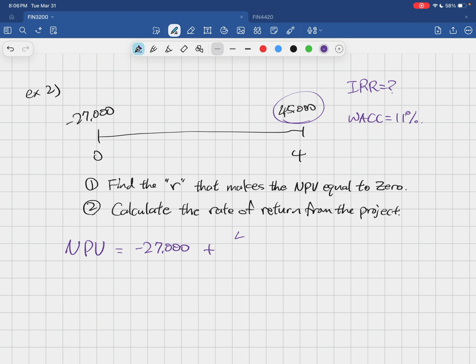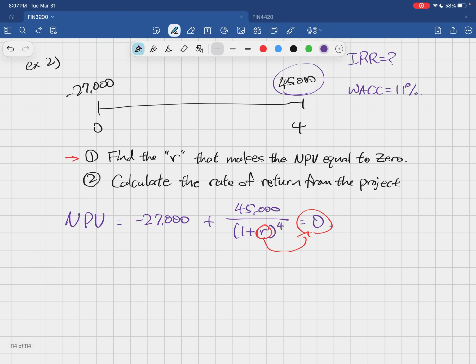So we'll take the $45,000 and discount it using R, raised to the 4th power, and we're gonna set this equal to 0. Okay? So using the first definition, we're looking for the R that makes the NPV equal to 0. Okay? So we'll solve for R.